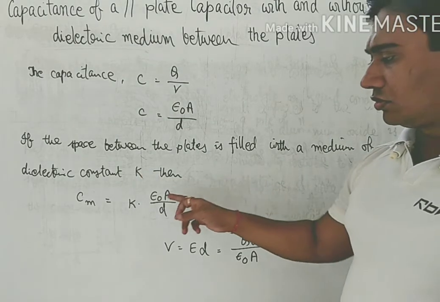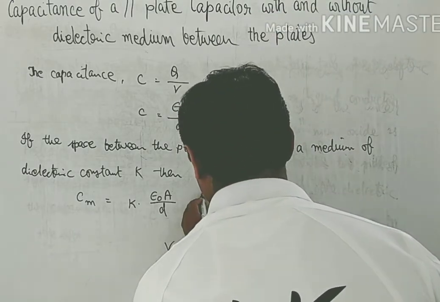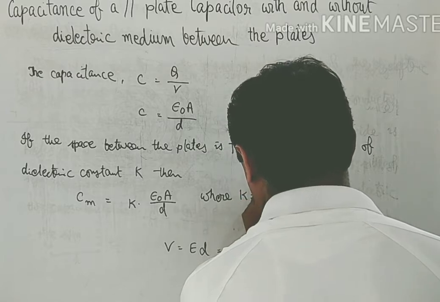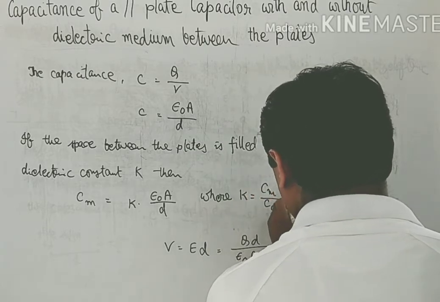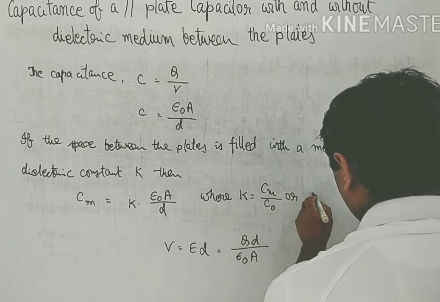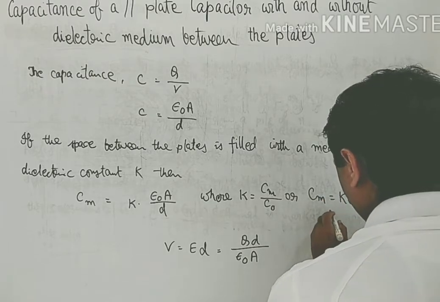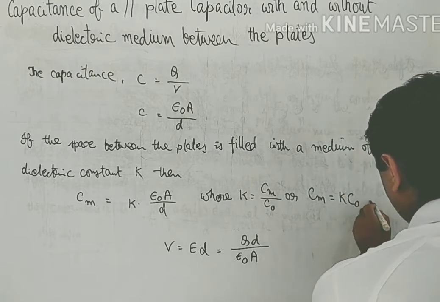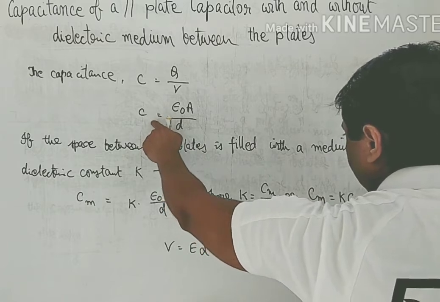Now this K value can be written as K equals Cm upon C naught, or Cm equals K into C naught, and therefrom you can put the value of C naught back here. C naught we are calling this.